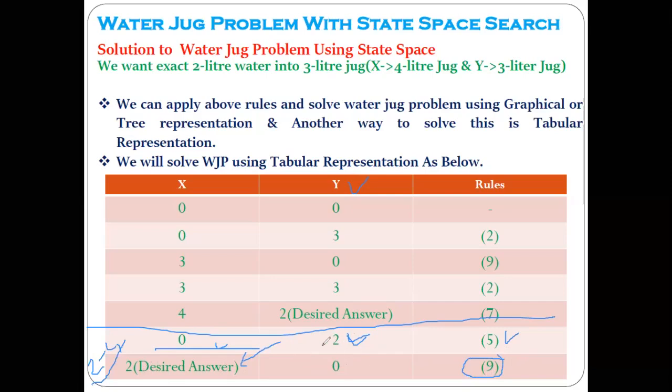If you pour everything from y into the x, you will get x as 2 liters of water, and y will be 0. So this is the solution to the first problem that we have seen, exactly 2 liters of water in the 3 liter jug, and this is the solution to the second, 2 liters of water in the 4 liter jug.